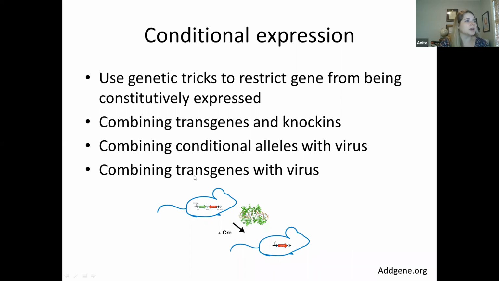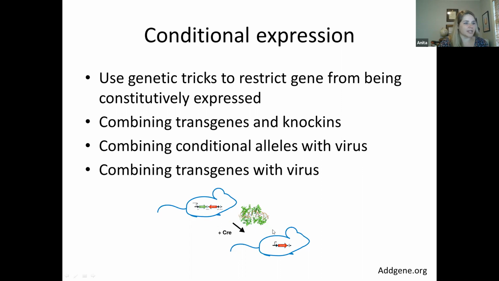You can also combine conditional expression with viruses, which we talked a lot about in the last lecture, and we'll talk about how you can use these tricks to get viruses to facilitate conditional expression. And then, as I mentioned, you can use conditionals in conjunction with inducible expression to both temporally and spatially restrict your gene expression.